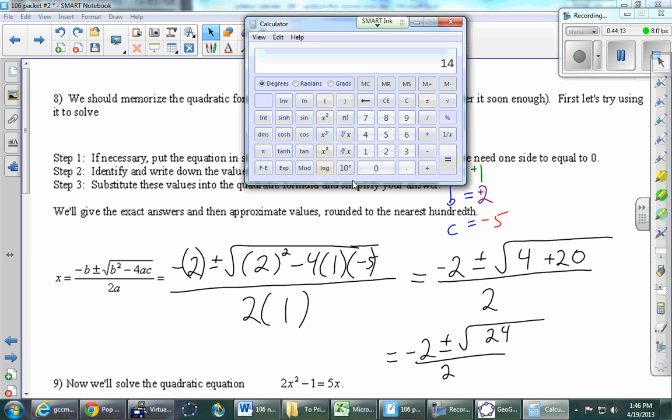Okay, apparently I don't know how to type it in on this calculator. What happened? There's 2 squared, and then we subtract 4 times parentheses 1 times parentheses 5 with a negative, close parentheses, square root. What happened to the 4?